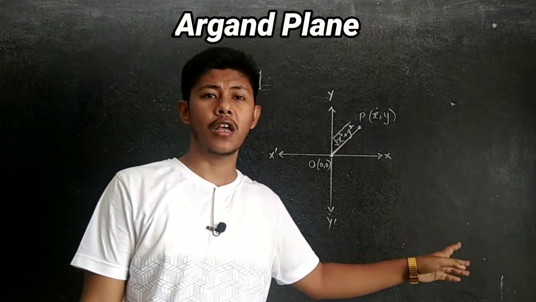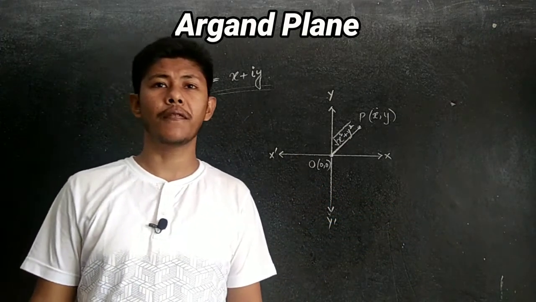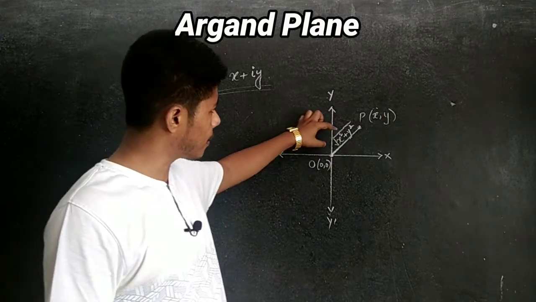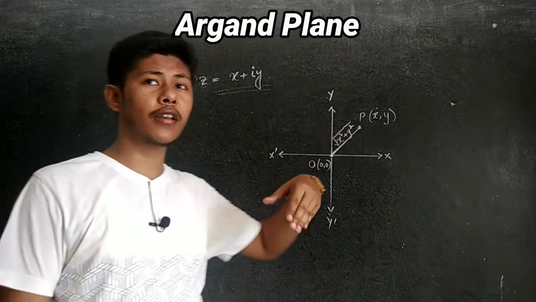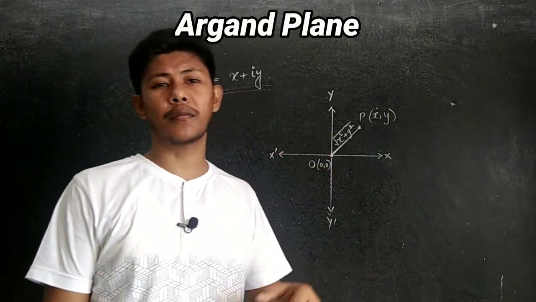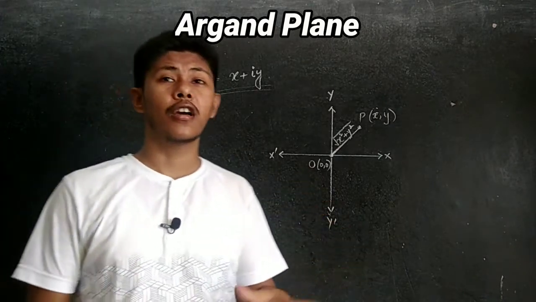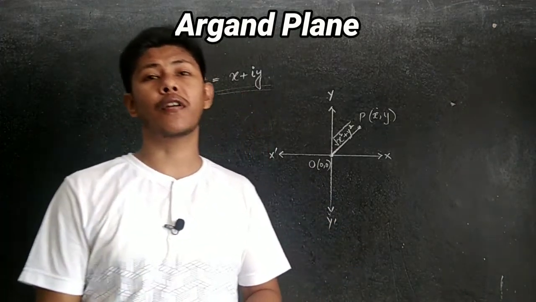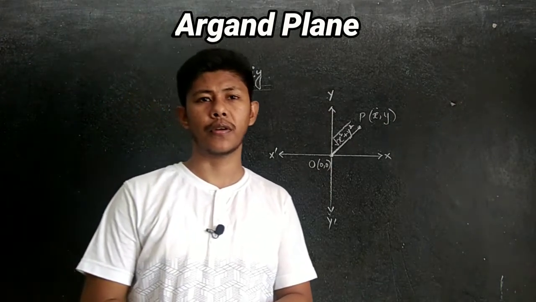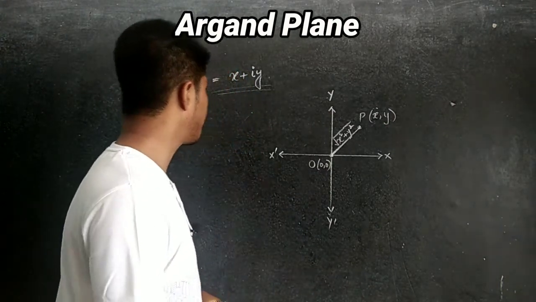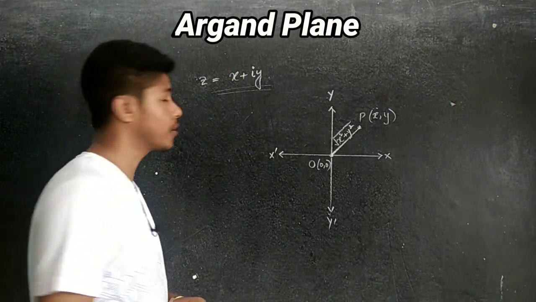Is it visible? Okay. Now if you see x square plus y square, in a different way in the Argand plane we can find this distance through the modulus of a complex number also. Is it clear? Modulus of a complex number, we already discussed what modulus is.